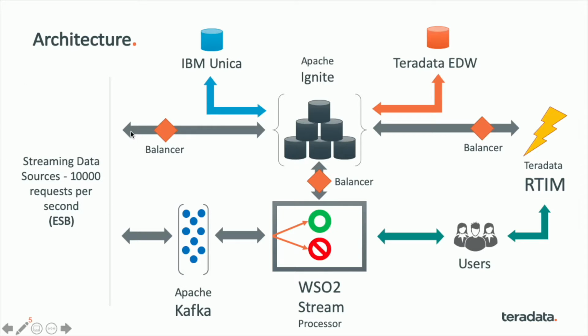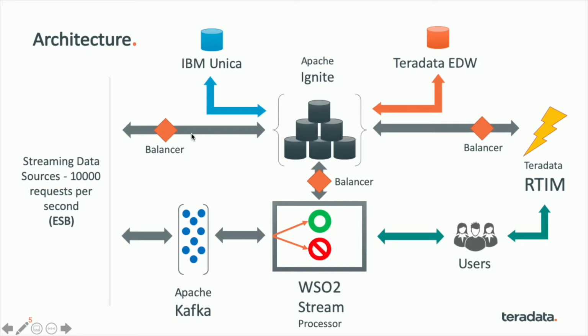What happens after that? Incoming events are going into Apache Ignite, where it stores the subscriber profile loaded before from the Teradata Enterprise Data Warehouse. It could be not Teradata, it could be any relational database. And we enrich incoming messages on the Apache Ignite side and go to Teradata, our team, to take a relevant offer.